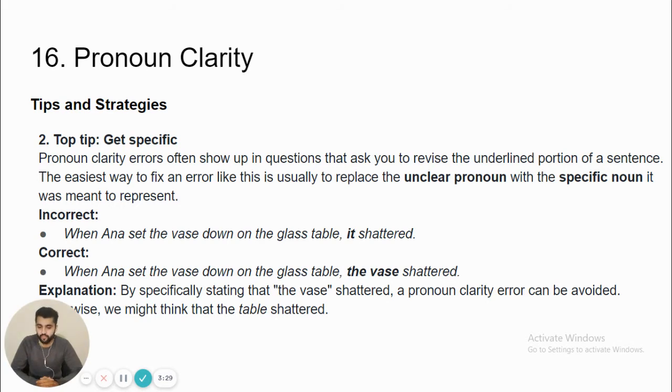"It" is a pronoun, and there are two non-living things in the first part of the sentence, the vase and the glass. So we don't really know what thing shattered. Was it the vase or was it the glass? So we have to correct this. And in the correct version, we have: when Anna set the vase down on the glass table, the vase shattered.